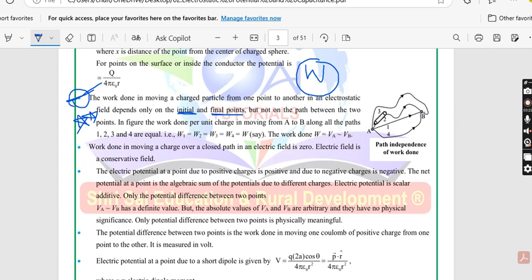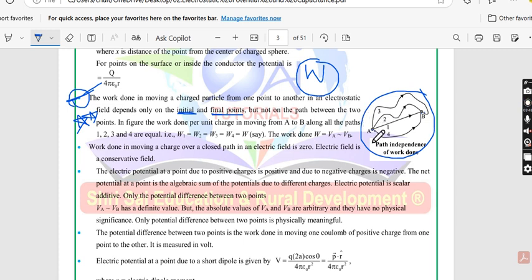See the work done in moving a charged particle from one point to another point. To move the charge from one point to another point, there will be some work done. So that work done in moving a charged particle from point A to point B in an electrostatic field depends only on the initial.